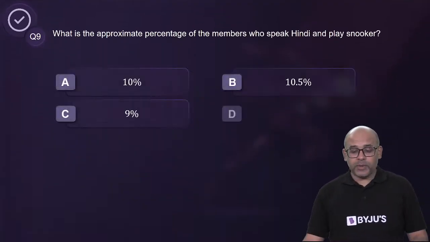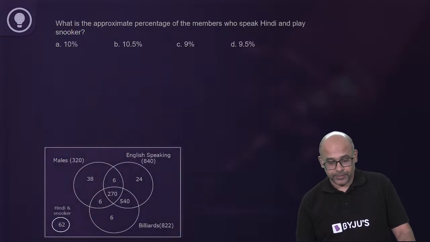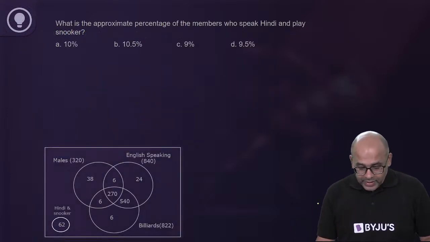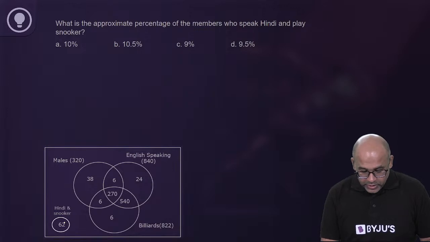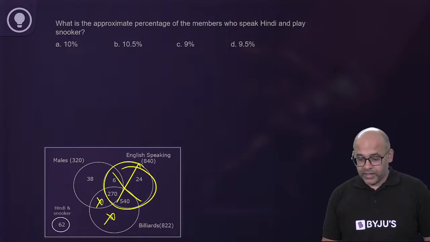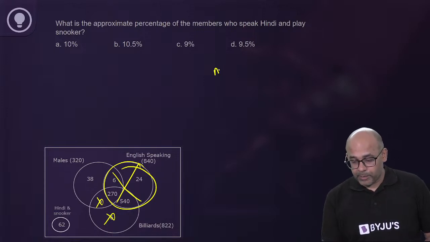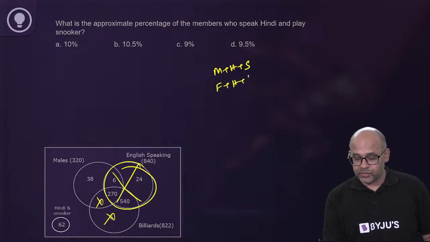What is the approximate percentage of the members who speak Hindi and play snooker? Where is Hindi and snooker? Hindi is not English and not billiards. So who are these people? Male plus Hindi plus snooker, or female plus Hindi plus snooker.